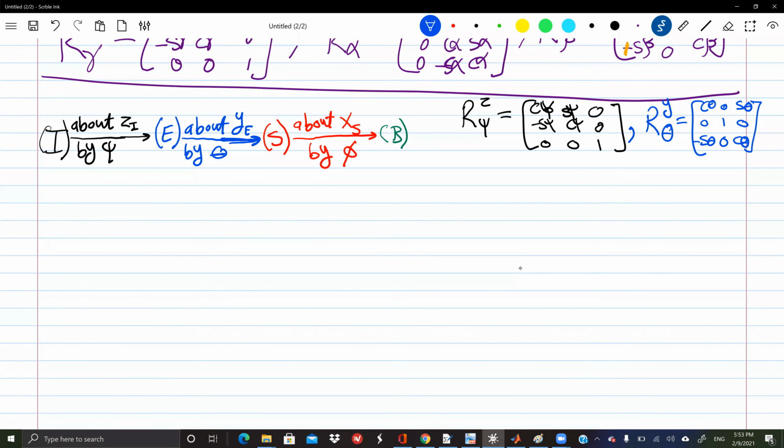But like I said, the second is always cursed, so this is really positive and this is negative. And then finally, R phi x is 1, 0, 0, 1, 0, 0, cosine, sine, negative sine, cosine. So we constructed our three rotation matrices.